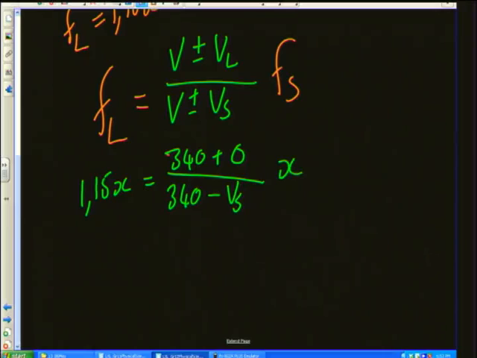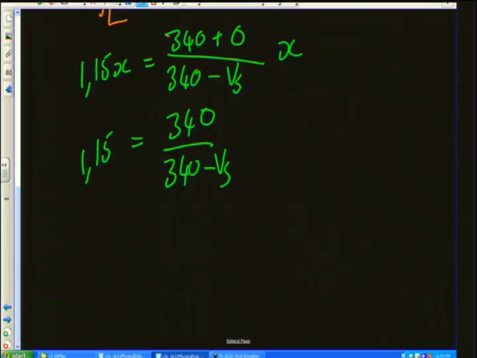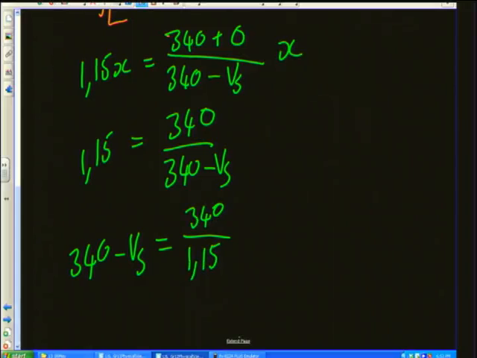So the first thing I'm going to do is divide both sides by x, and that should give me 1,15 on this side is equal to 340 over 340 minus Vs. So now you can multiply both sides by 340 minus Vs, and divide by 1,15: 340 divided by 1,15, and just substitute into the calculator.